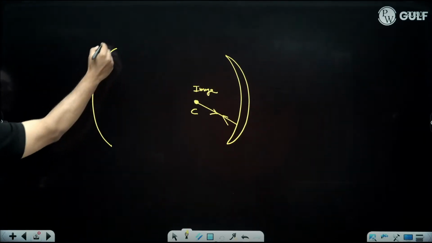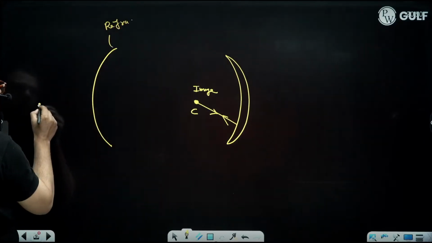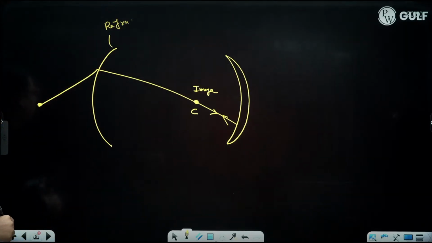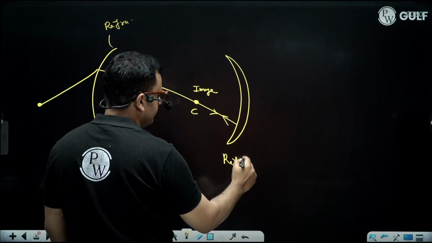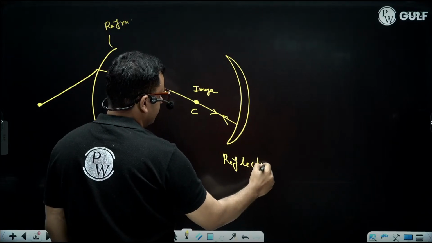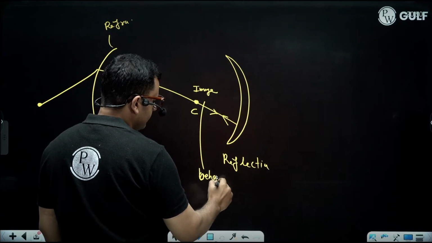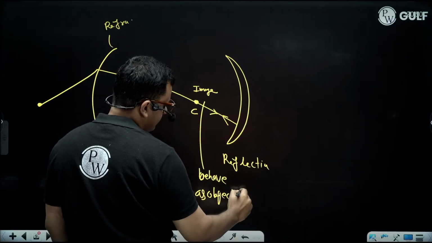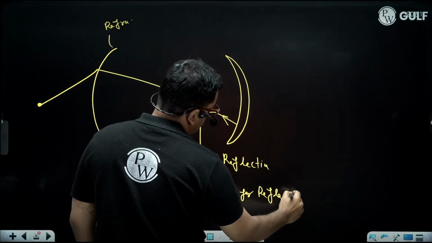When the refraction happens, this is our object, the ray goes like this and the image is going to be formed over here. And for this reflection, this image is going to behave like an object. Is it clear or not?